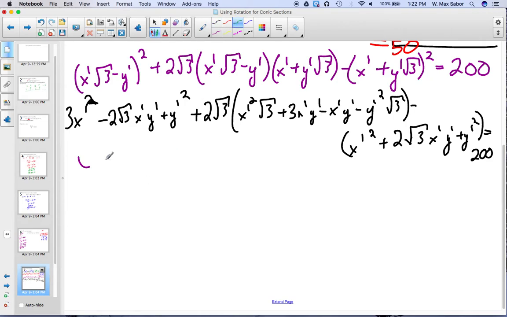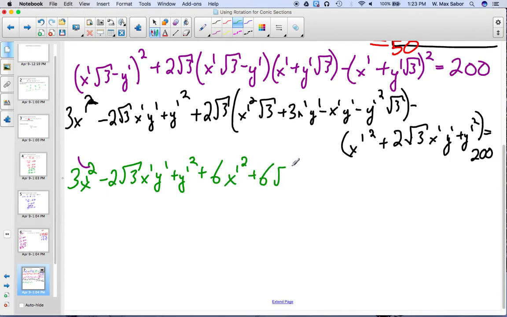Getting close. The first piece is all set. Distribute this in. So we get 6 x prime squared plus 6 square root of 3. Oh, let's combine these. If we combine these, we get 2.